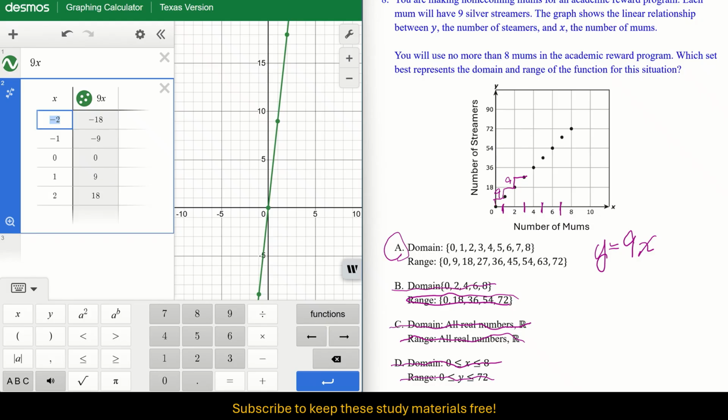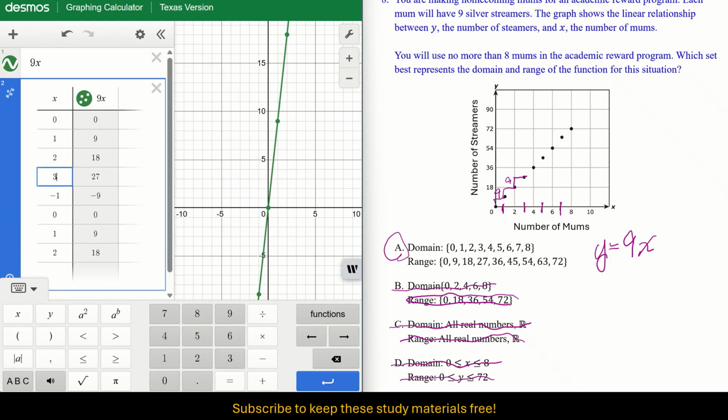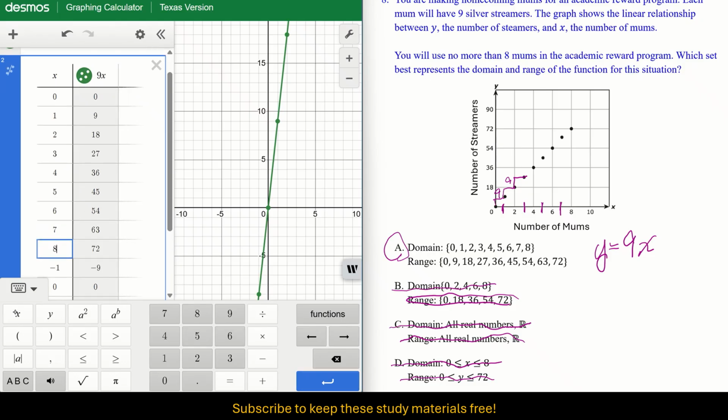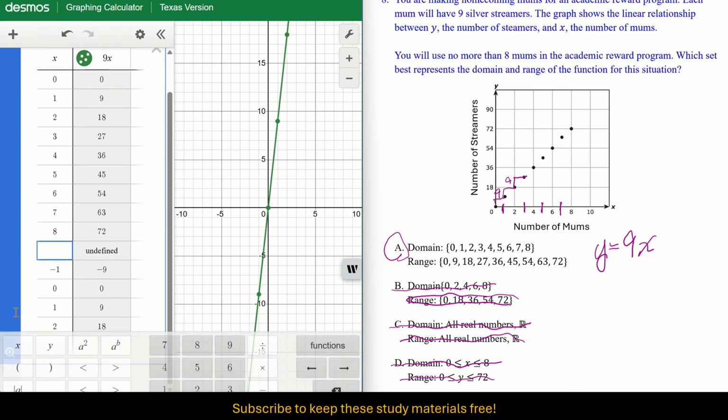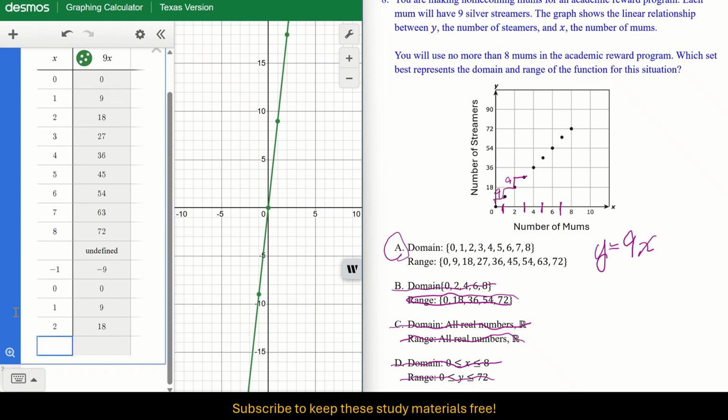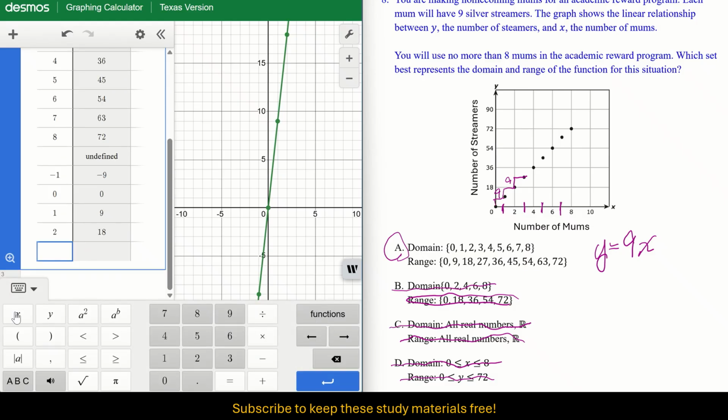However, it always starts at -2. That's a default. So what I like to do is just type over. So I do 0, enter, 1, 2, 3, 4, 5, 6, 7, 8. Okay, and then if you want to get rid of these others, what I like to do is go down and put my cursor here, and then you can just push the delete button and go back and delete from the back.